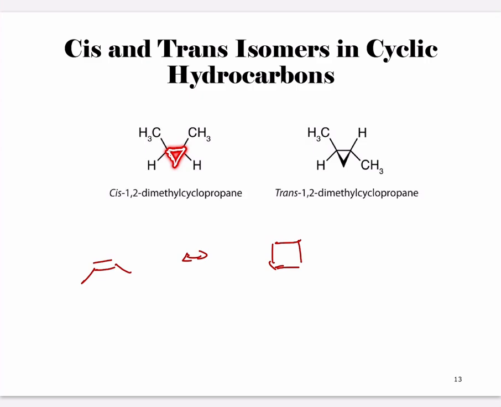So this cyclopropane is the ring, and we see that it can have both of the groups going above the ring, or it can have 1 group above and 1 group below, right? So these would be the 2 cis-trans isomers for the ring structure. Like I said, I'm not really going to test you on this, but this is also where we see that cyclic molecules are structural isomers with alkenes.